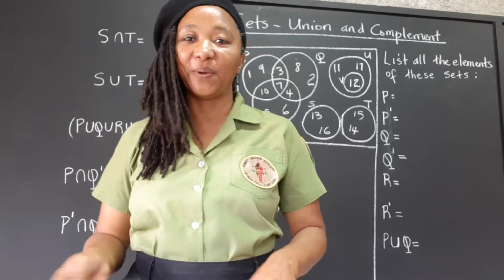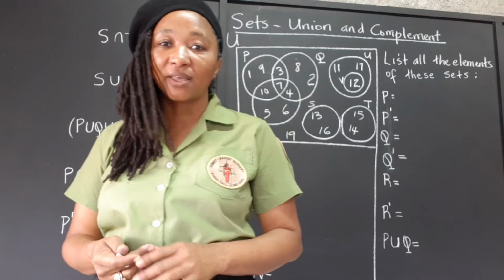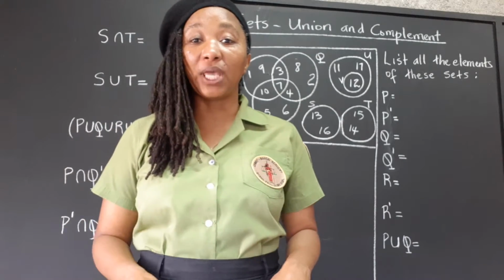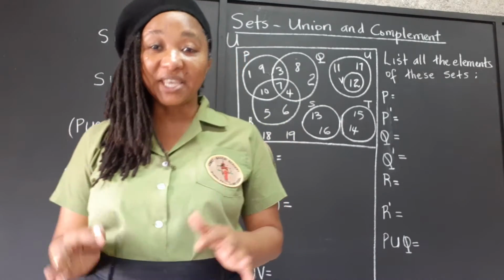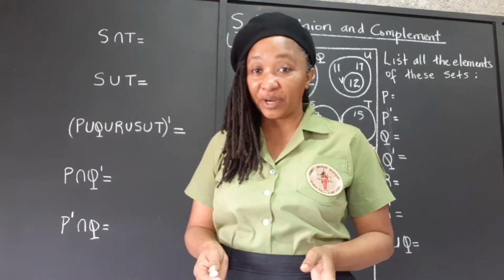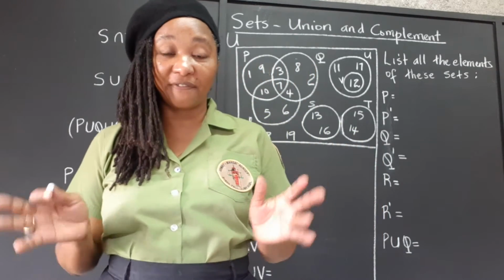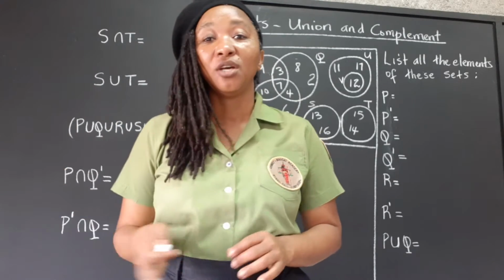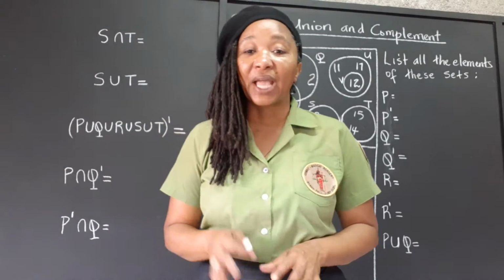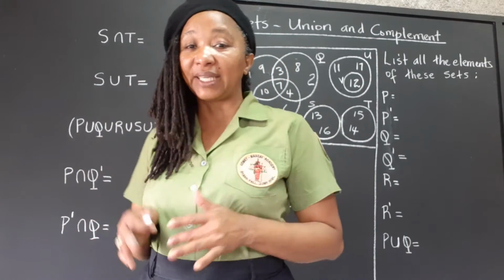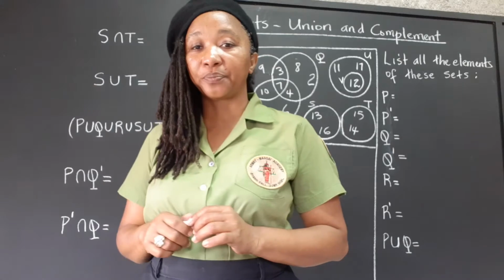Today we're going to be looking at sets, the union and complement of sets. Now we have a whole series of videos on sets at different levels, grade 4, grade 5, as well as sets for high school. So just check the playlist and find the video that you want on the particular subtopic in sets.